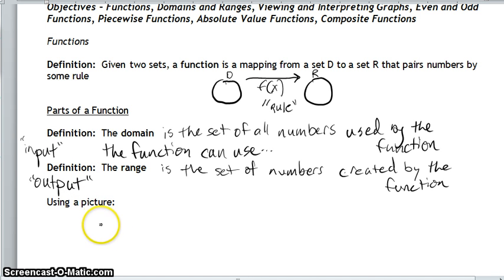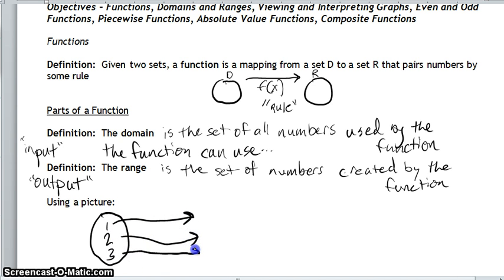Okay? So if you think about it, whatever you have as a set of numbers, let's say it's 1, 2, and 3, those are the numbers that you can put into a function. This rule is going to create a new set of numbers. Let's say it's 4, 5, and 6.